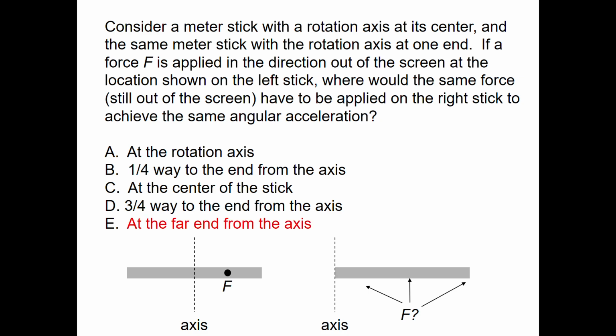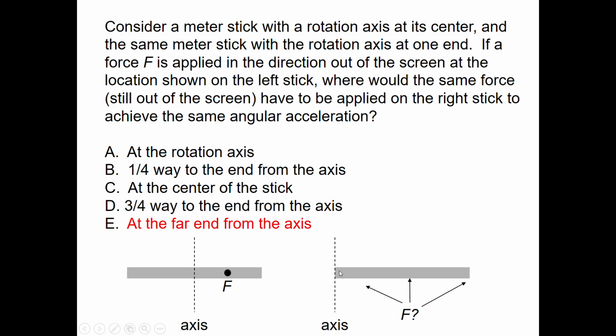In this case, the correct answer is E, and that's from torque net equals I alpha. In this case, the I, as we observed on our last slide that shows all the different moments of inertia of common geometrical objects, the moment of inertia increases by a factor of 4 here. So if I want to get the same alpha by virtue of torque net equals I alpha, if I has gotten 4 times bigger, the net torque better have gotten 4 times bigger if I want the same alpha to result.